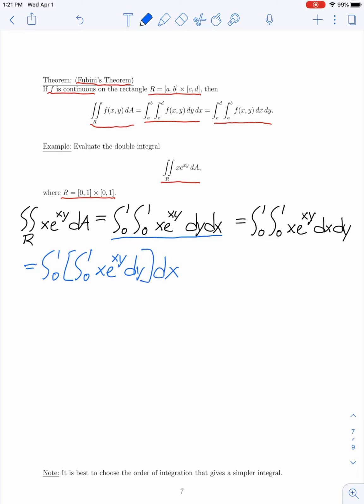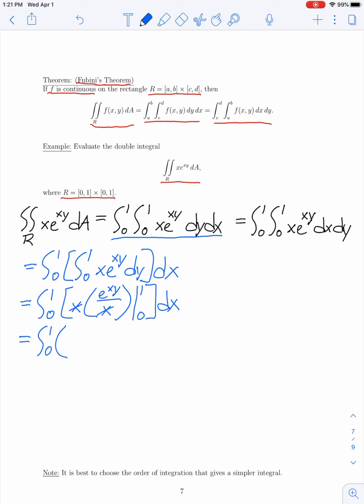If we are first finding our antiderivative with respect to y of the function x e to the xy, we would have for our antiderivative x times e to the xy, and if we're integrating with respect to y, our antiderivative would then be this same function e to the xy divided by x, where we would evaluate from y equals 0 to 1, and then with respect to x.